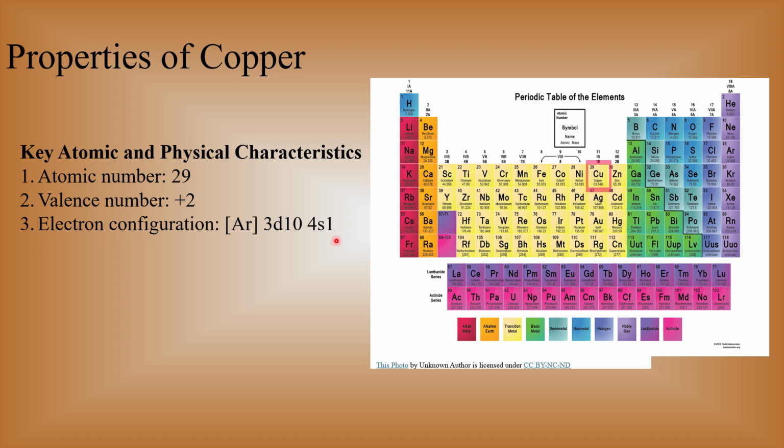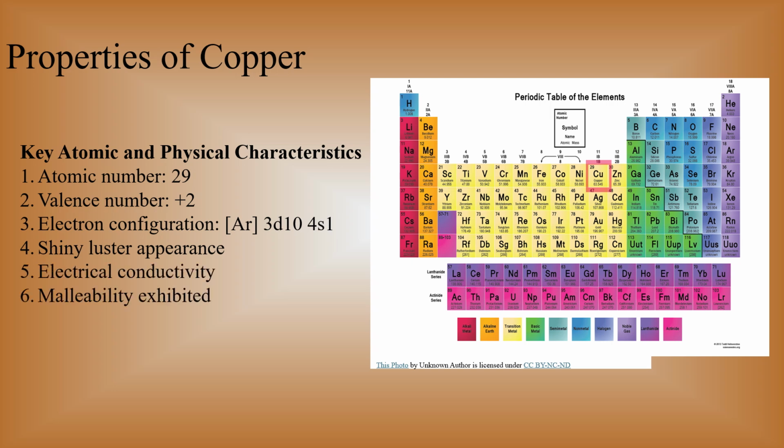This is a stable configuration, and it's good for reactions because now we have an open valence to connect with other products. The next three items are definitions for metals, and in this case they have a shiny luster appearance, electrical conductivity, and malleability, all of which copper exhibits.